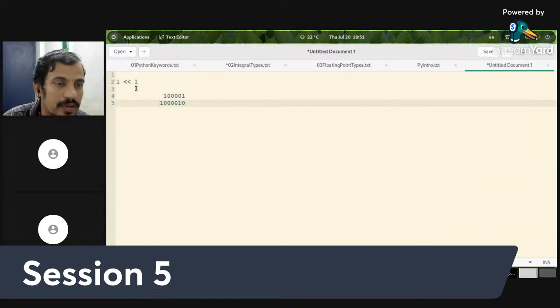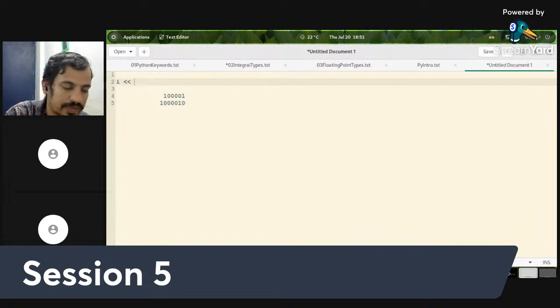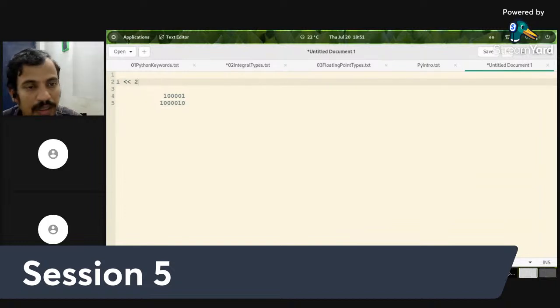Suppose I do I left shift by two positions. What value would I get in that case? Shift every bit by two positions. And how many zeros should I add at the end?